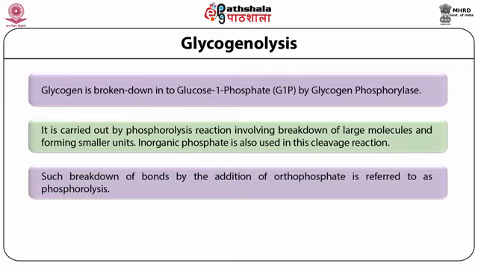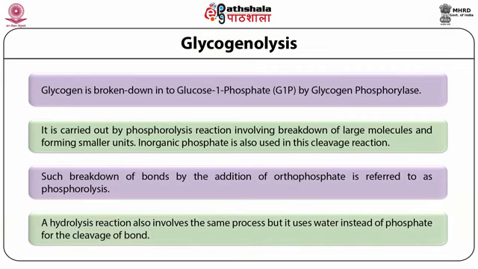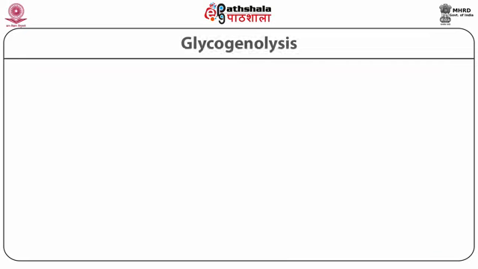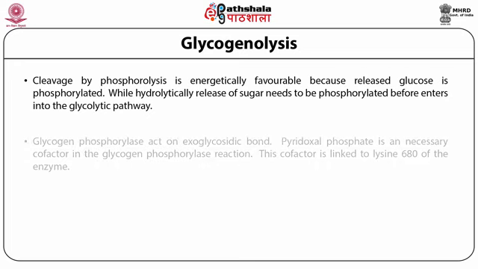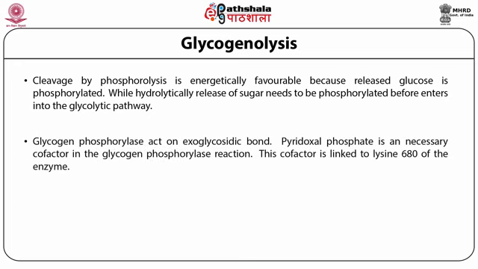Such breakdown of the bond by addition of orthophosphate is referred to as phosphorolysis. A hydrolysis reaction also involves the same process, but it uses water instead of phosphate for the cleavage of bonds. Cleavage by phosphorolysis is energetically favorable because the released glucose is phosphorylated. Glycogen phosphorylase acts on the exoglycosidic bond.